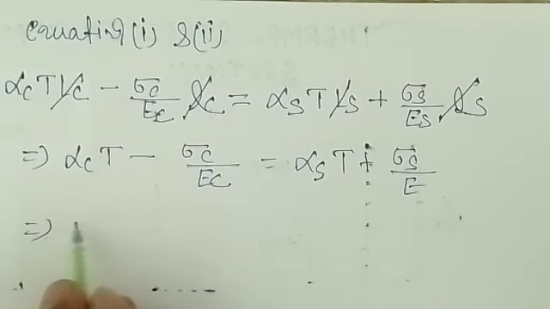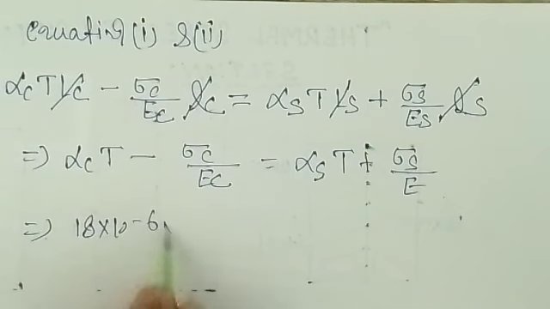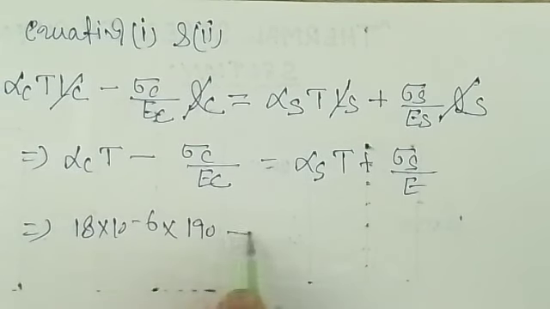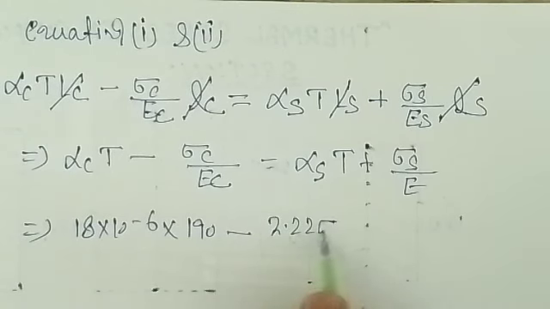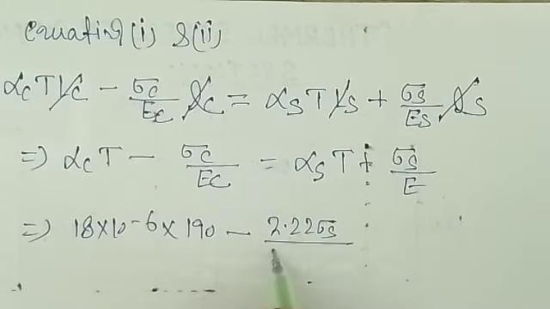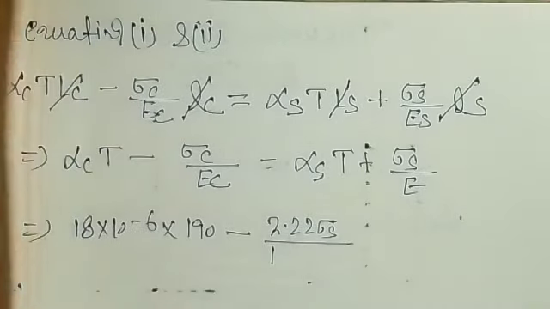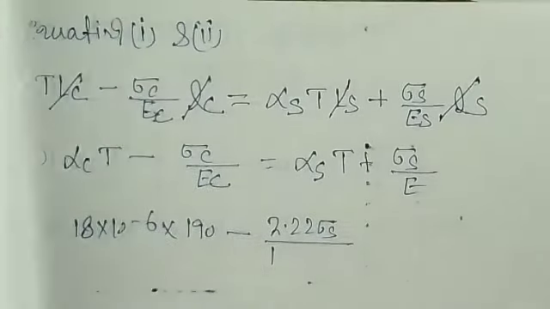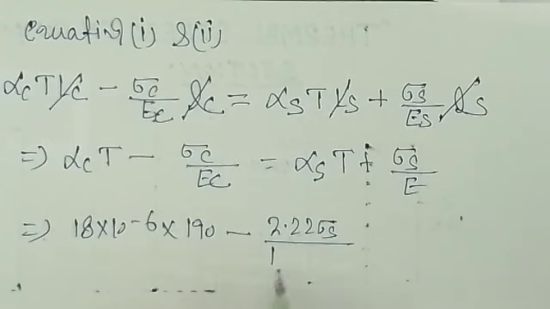So we'll put the values. Alpha c is 18 into 10 to the power of minus 6 and T is 190, minus sigma c, which I can write as 2.22 times sigma s, which we have calculated, and Ec is 1 into 10 to the power of 5, right?